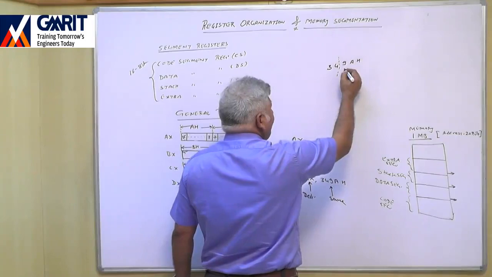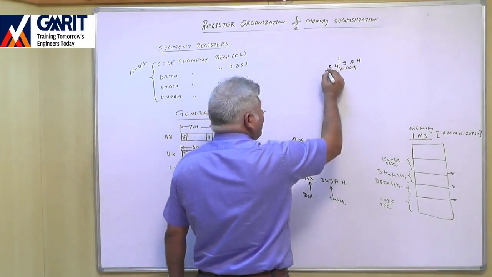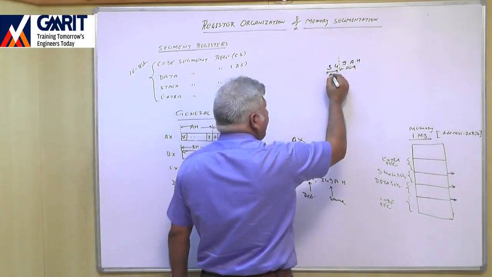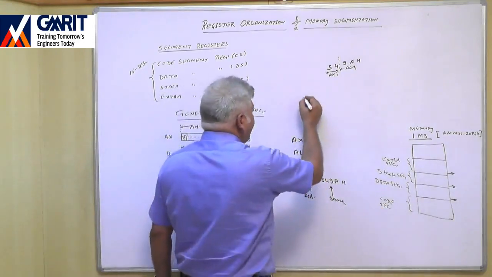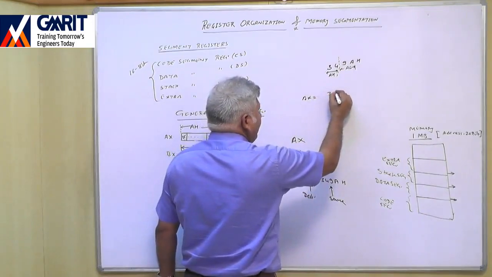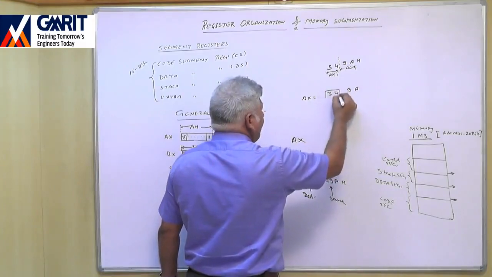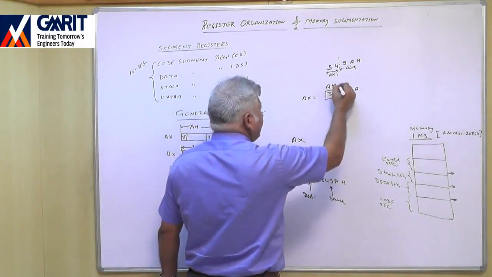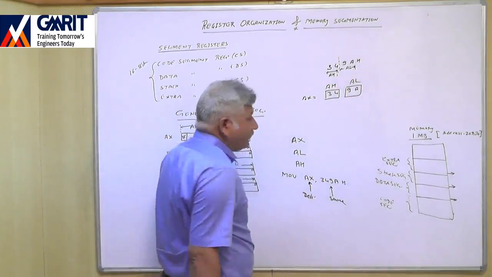Lower 8 bits will be stored in the AL register and higher 8 bits will be stored in the AH register. So after this instruction, if we check the AX register, we will find there is 349A, where this 34 will be in AH and this 9A will be in AL, right?